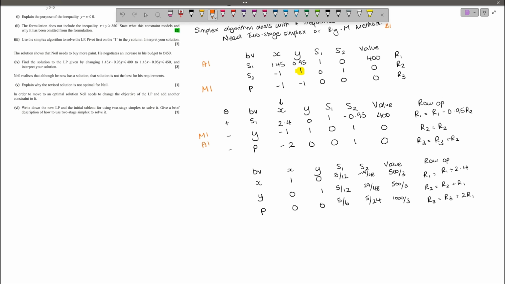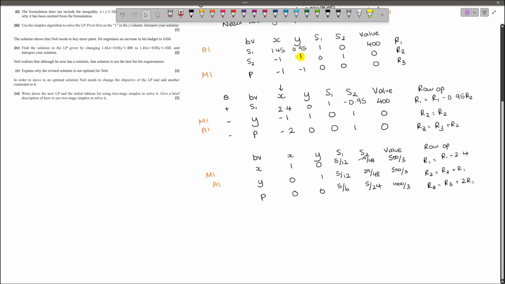Then another method mark for identifying the second pivot correctly, and an accuracy mark for doing the correct table. And then we have forgotten to write out the final solution. The final solution is x is equal to 500 over 3, and y is equal to 500 over 3.